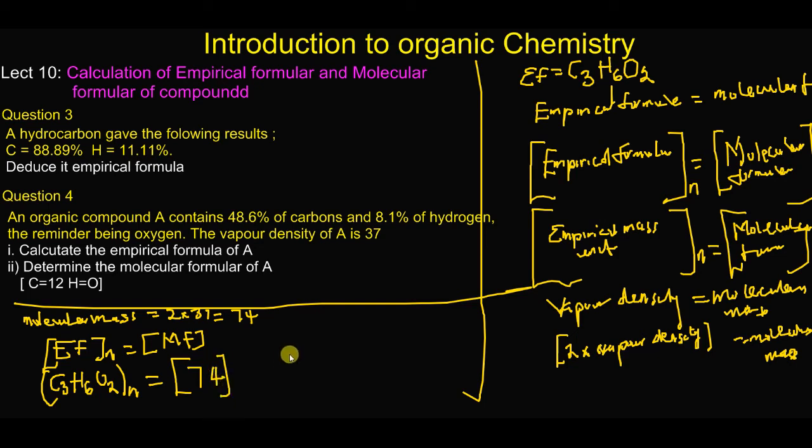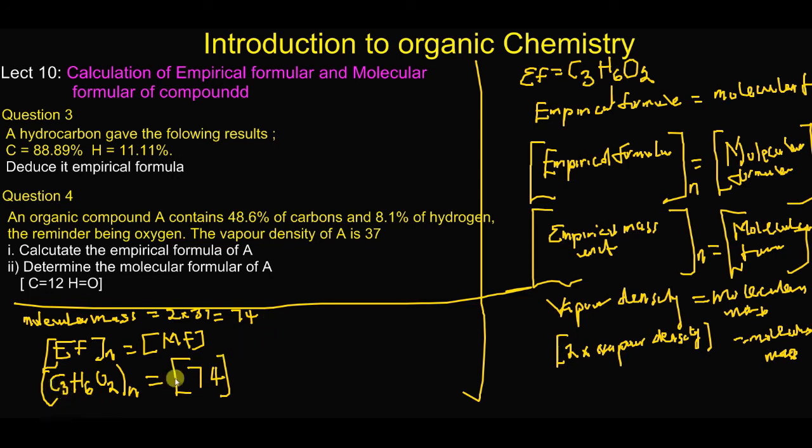So you just do a simple addition. Let's find the empirical mass. How do we find it? How many carbons are there?